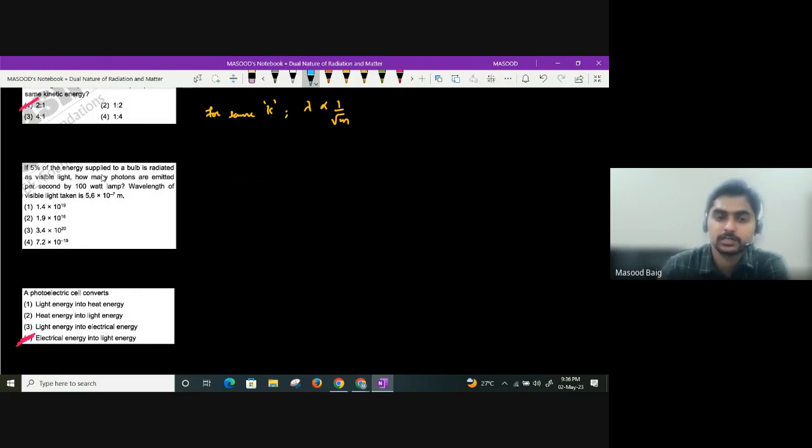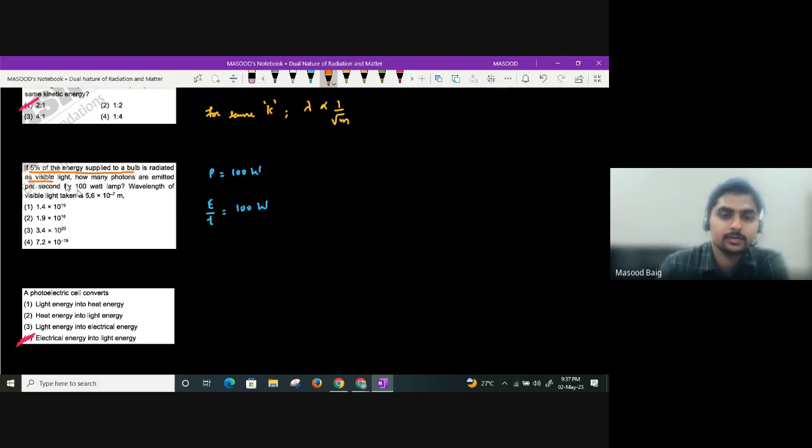5% of energy supplied to a bulb is radiated as visible light. So only 5% of the energy supplied to the bulb, guys. How many photons are emitted per second by a 100-watt bulb, they are saying? Right? So power is given as 100 watt. It means, can I write it as energy per unit time, 100 watt? Yes or no? But what do you see? 5% of the energy supplied to a bulb is radiated as visible light.